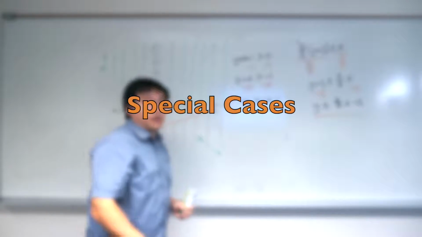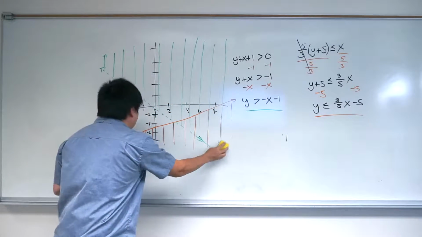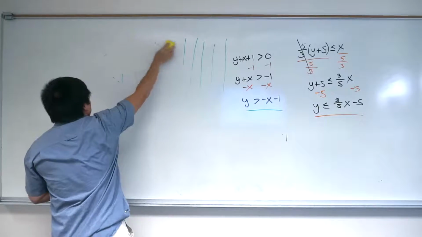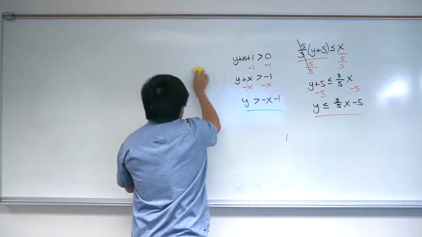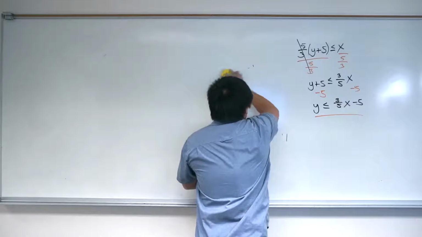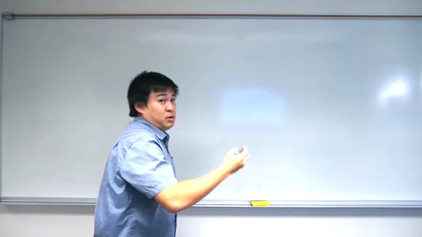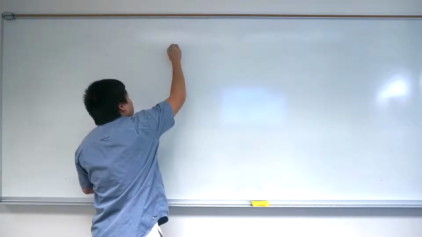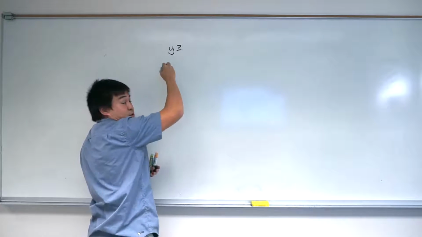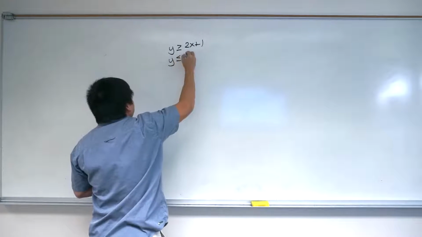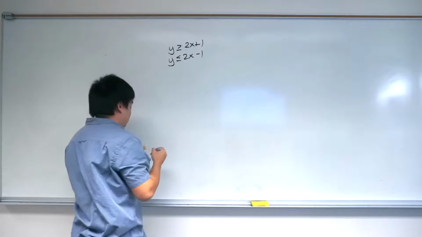So what we're going to do now is a special case, just so you can see that we have different types of solutions, not just the one that we saw on the board. So this is going to be a very straightforward example where we have y is greater than or equal to 2x plus 1, and then y is less than or equal to 2x minus 1.